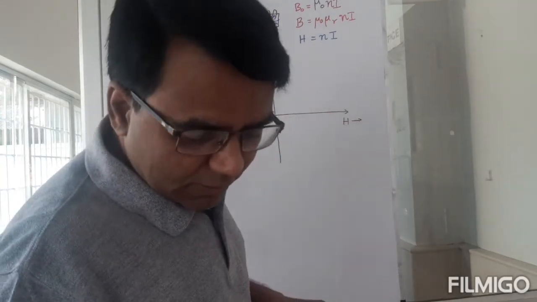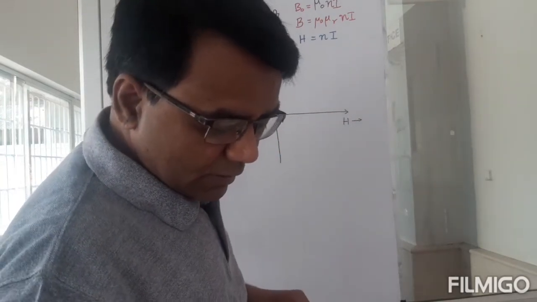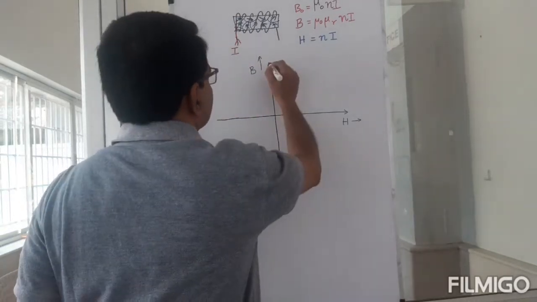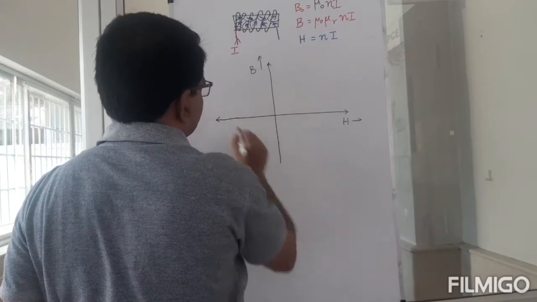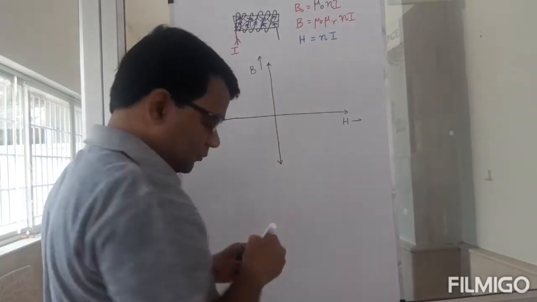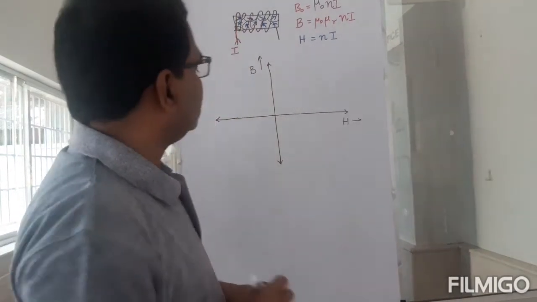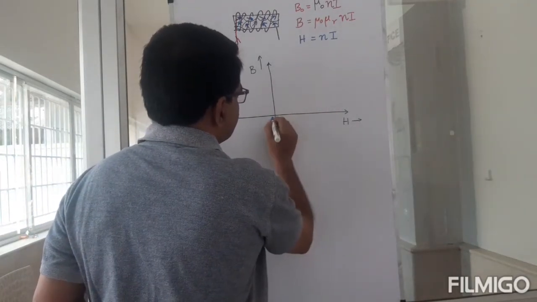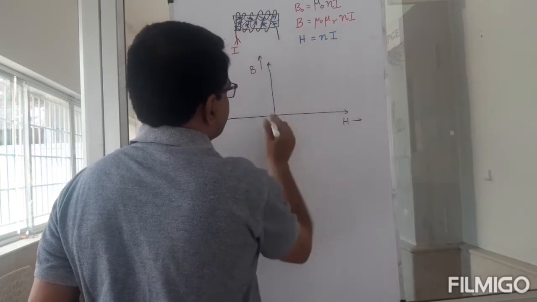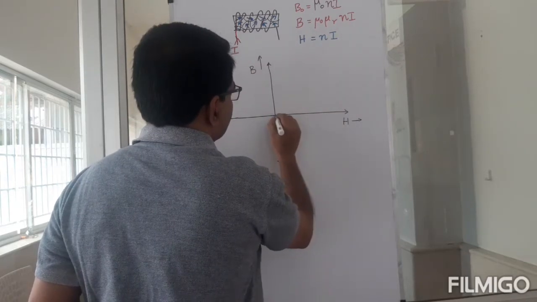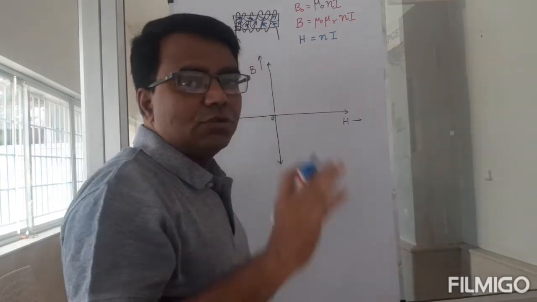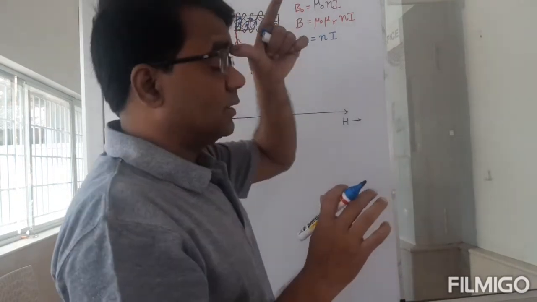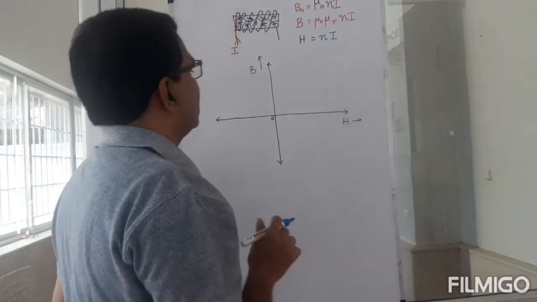First, my current is 0. If current is 0, H is 0. So here I'm going to start. Right now there is no net magnetism for this piece.